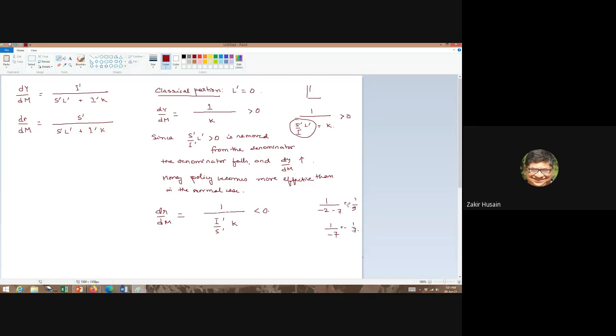So in absolute terms, in which case is the fall greater? Second case, yeah. So in the classical portion, the effects of monetary policy are more pronounced in the classical zone.